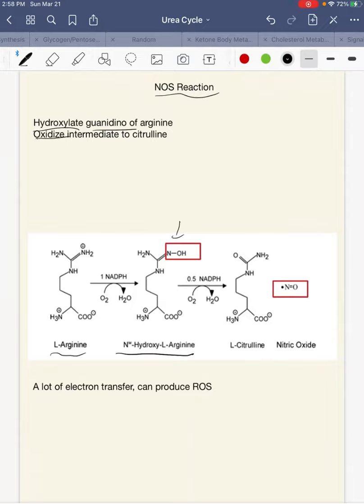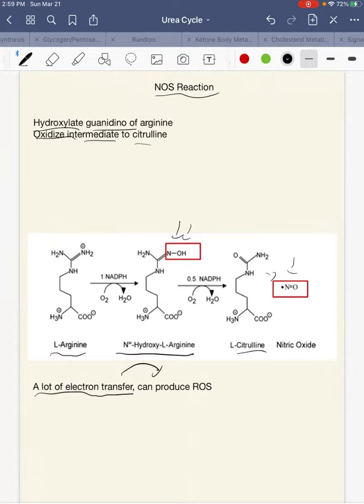We can then oxidize the intermediate to citrulline, and in that process, the hydroxylation that we did on the guanidino group is converted to nitric oxide. We won't go through the mechanism of this, but it uses a lot of electron transfers, and just know that this can produce reactive oxygen species.